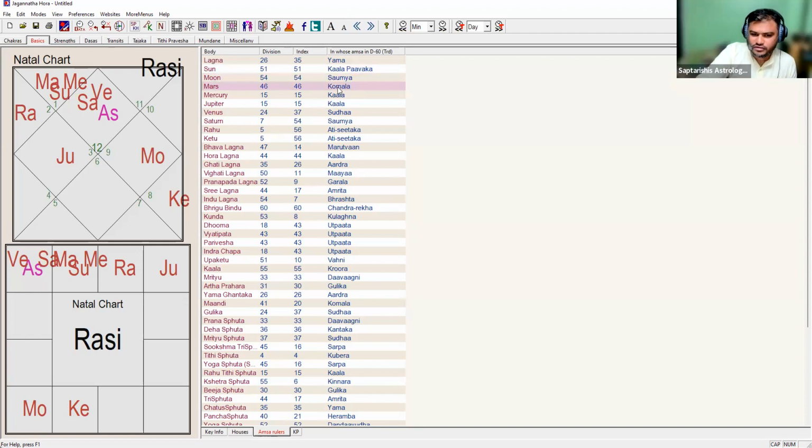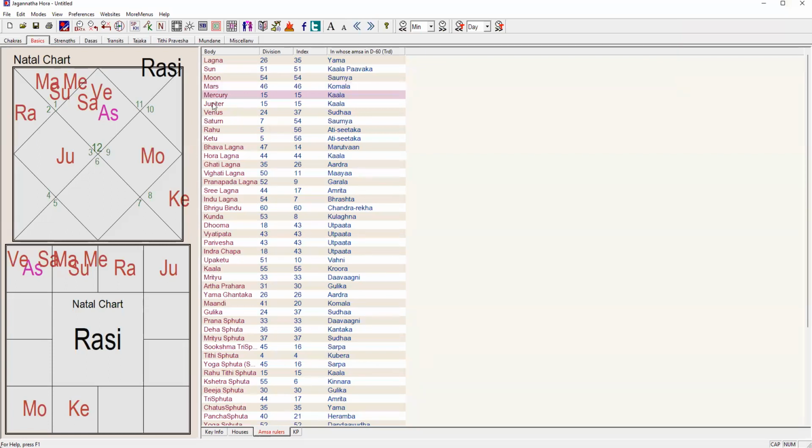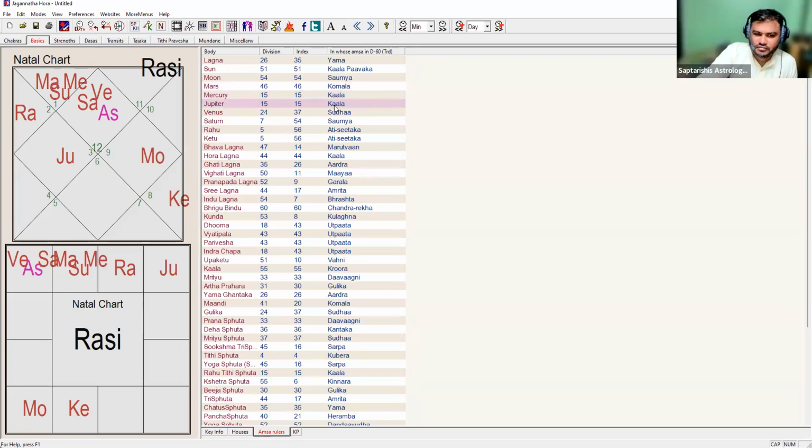Mars Komala, still better. See, these Moon and Mars, if they have a good hamsha, it doesn't mean they will not give you results; they can participate indirectly, but not in the mainstream. Okay, Mercury Kala, Jupiter, Venus, so again this is in the Shubha Hamsha.